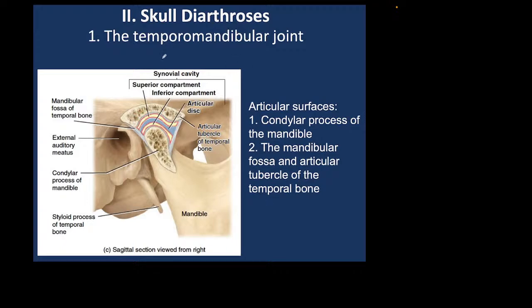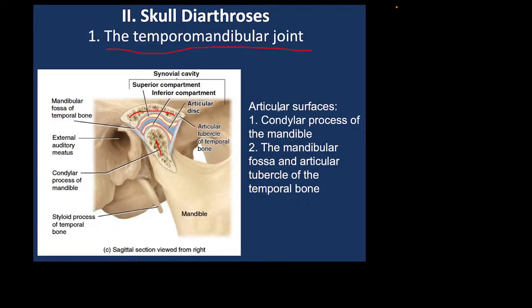also skull diarthrosis. The first one is the temporomandibular joint, which is located on the lateral part of the skull between the mandible and the temporal bone.